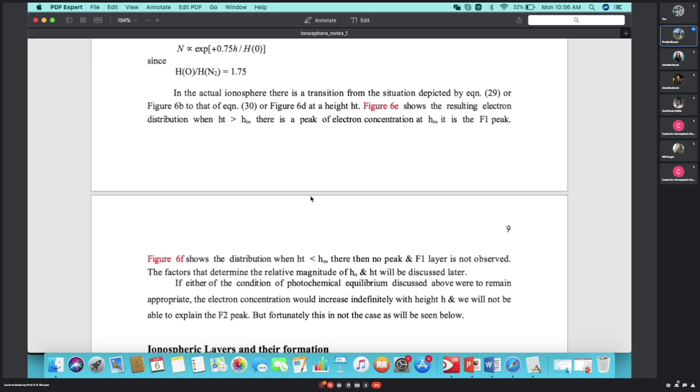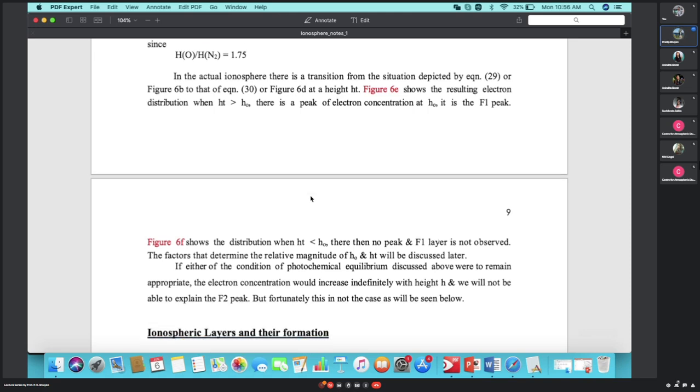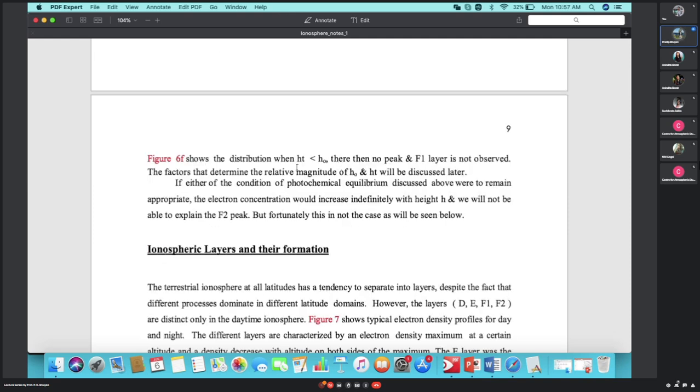Okay. So similarly, you have for different values of ht, that if the transition height is less than h naught, there is no peak. This we have to keep in mind. If the transition height between alpha and beta for some reason is below h naught, that means if I consider h naught to be 300 kilometer and the transition height happens below 300 kilometer, then you won't get an F1 layer.